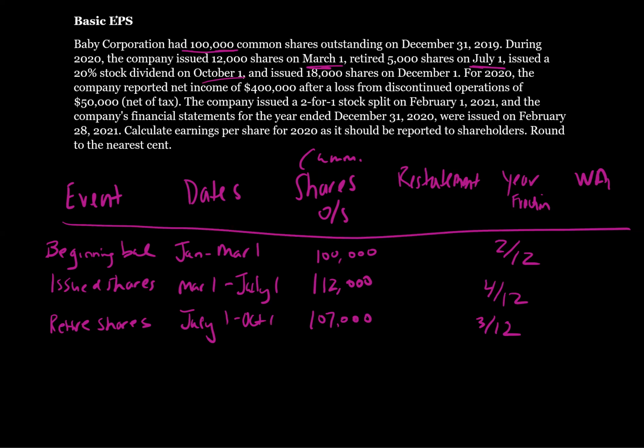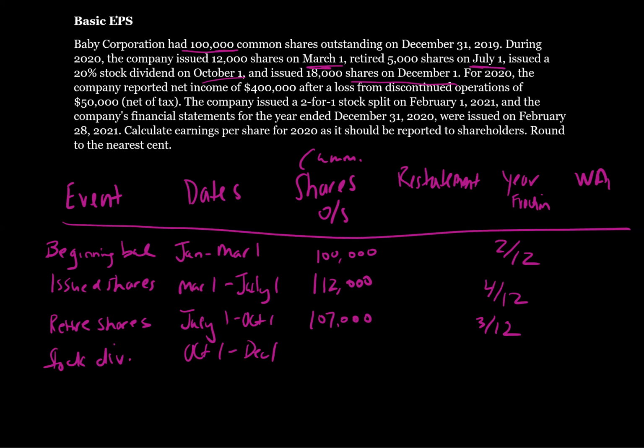Okay, so on October 1st, we're going to need to take 107,000. We're going to need to multiply this by, so when is this going to? October 1st to December 1st. So for the stock dividend, it's going to be October 1st to December 1st.